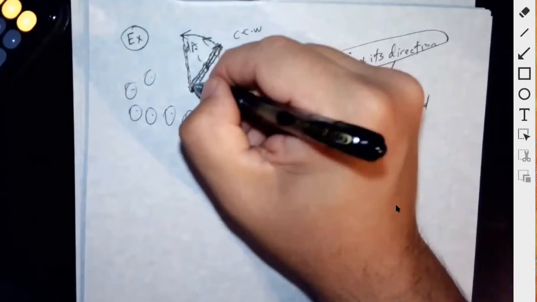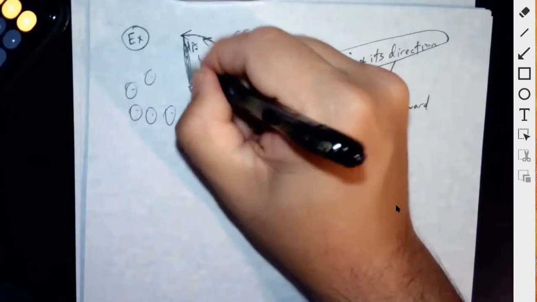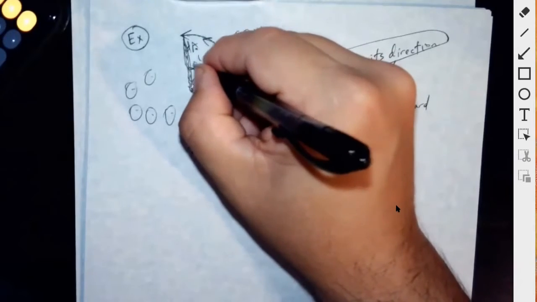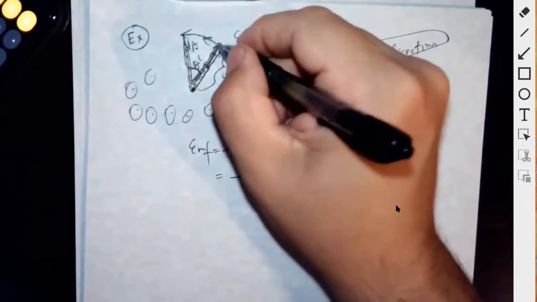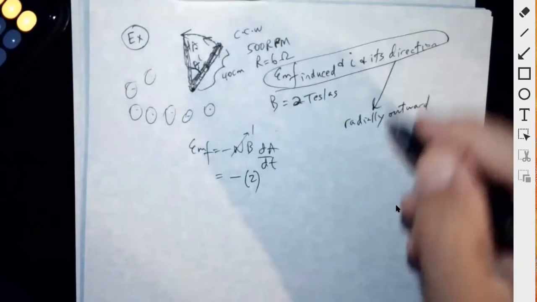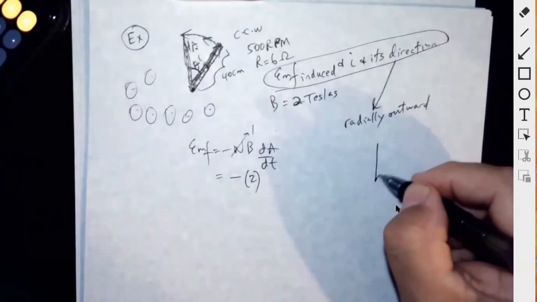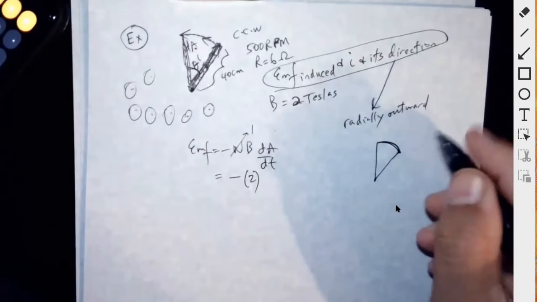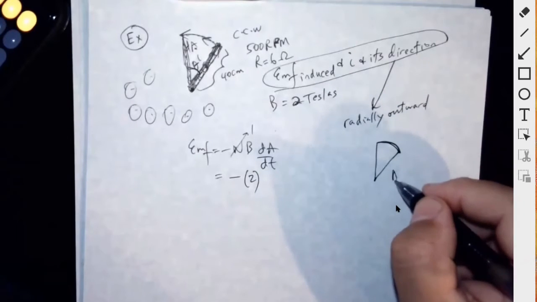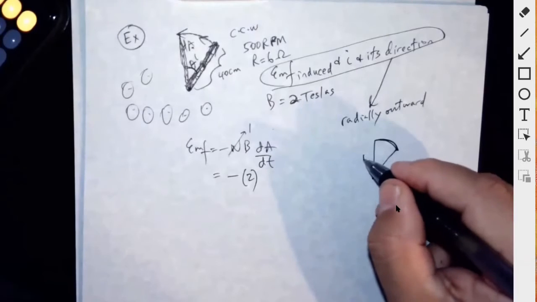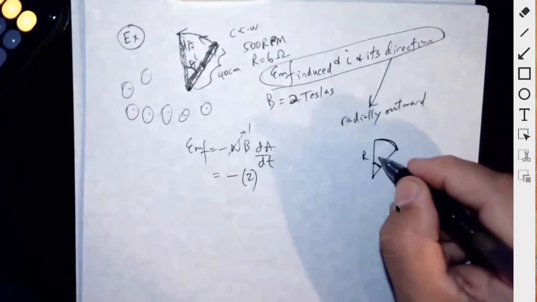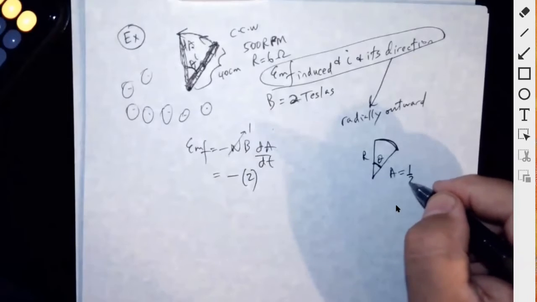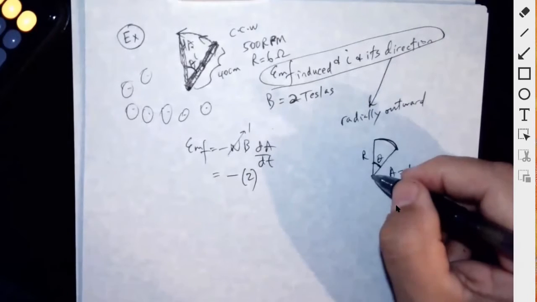And then what's the area of the arc, if this angle is theta? This is radius r. Is it half base times the height?